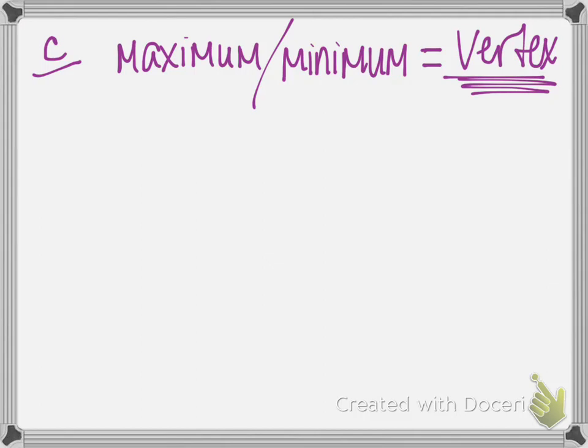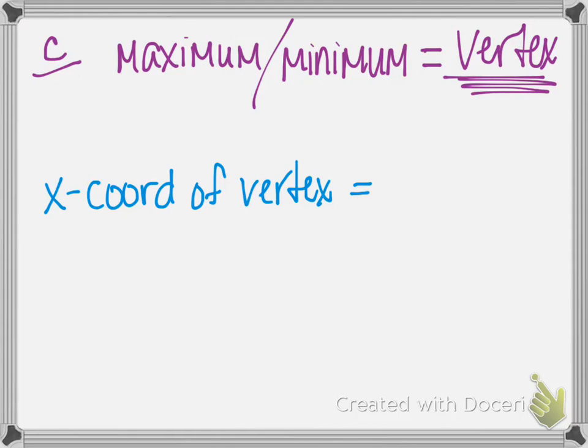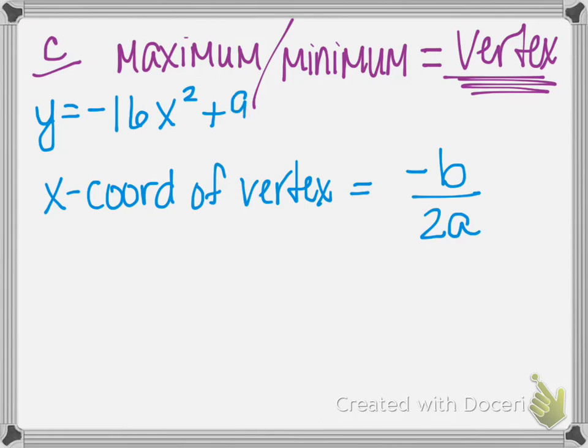To find the vertex, we first have to start with the x-coordinate because we have an equation for that. The x-coordinate of the vertex, remember, is found by taking the opposite of b and dividing it by 2 times a. Back to our original equation, negative 16x squared plus 96x plus 3.